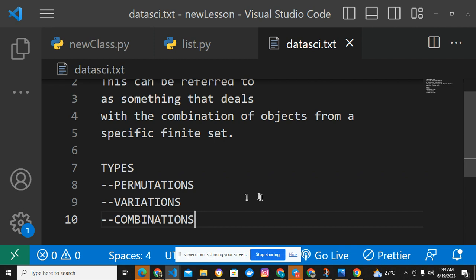We will use each of these to determine the number of favorable outcomes or the number of all elements in a sample space. The first thing we are going to start with is permutations.